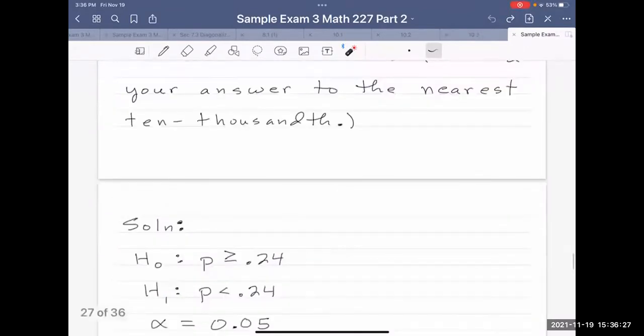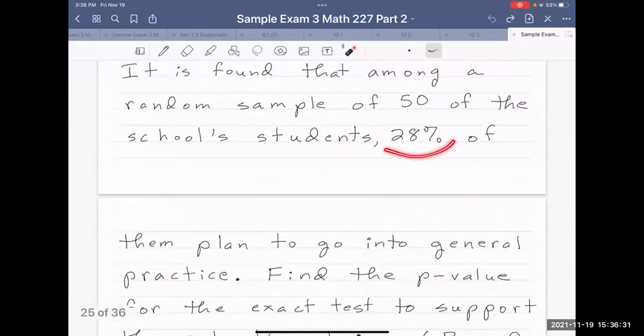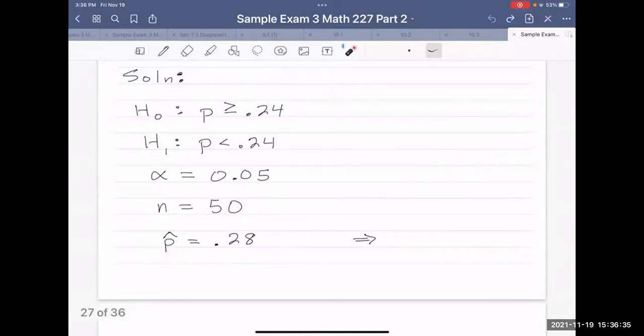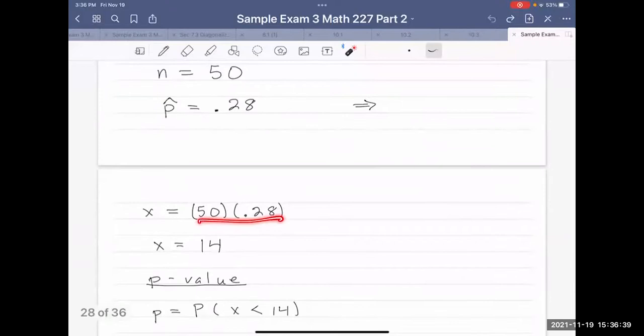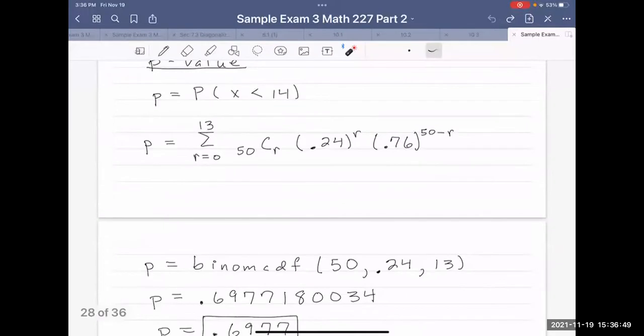N is equal to 50, and the sample proportion is 0.28. Let me rewrite this as, how many successes is that? That's 14 successes. So let me figure out the p-value here.